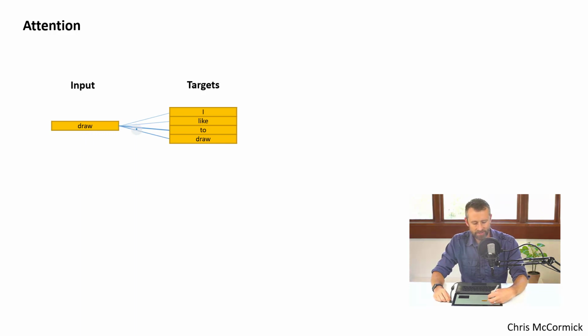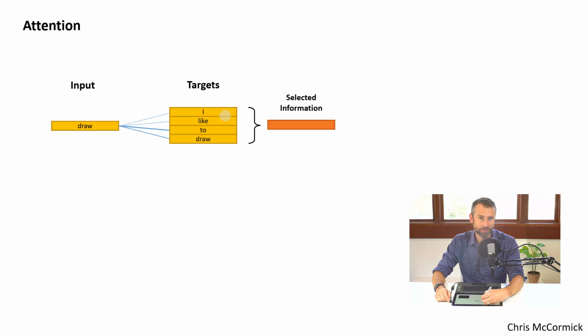So attention is the process of figuring out which of these targets to pull from, how much information to pull, and what information to pull from it. And ultimately what we'll get is, for each input vector, a vector that stores all of the information that we pulled out of those targets.